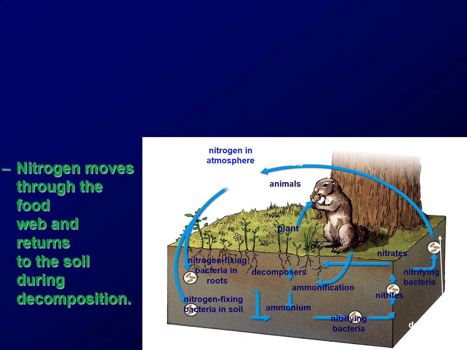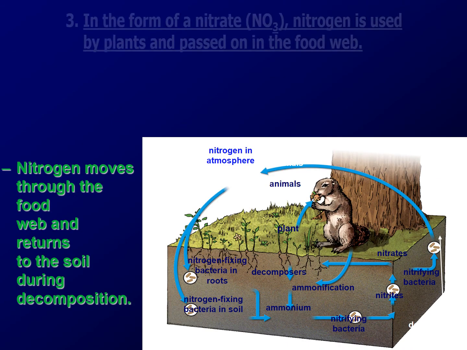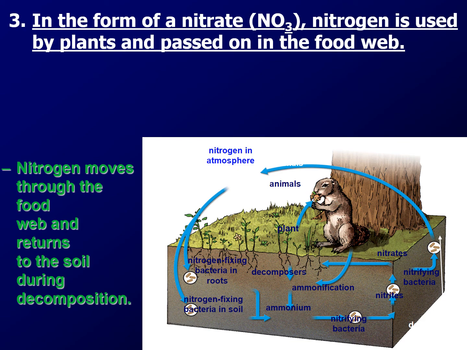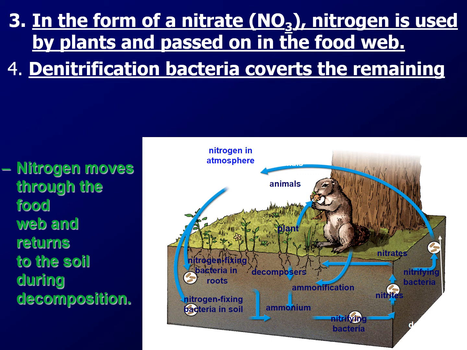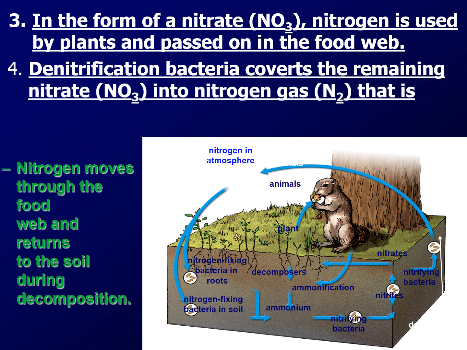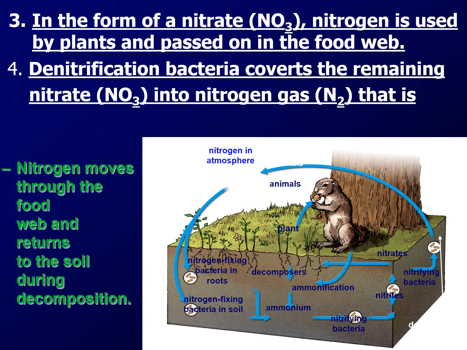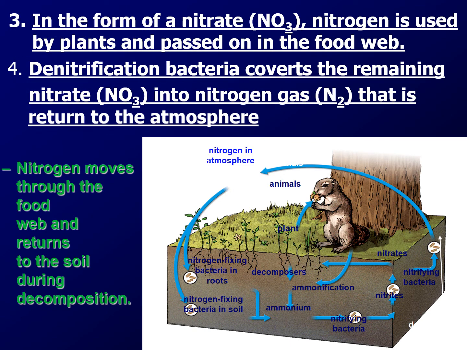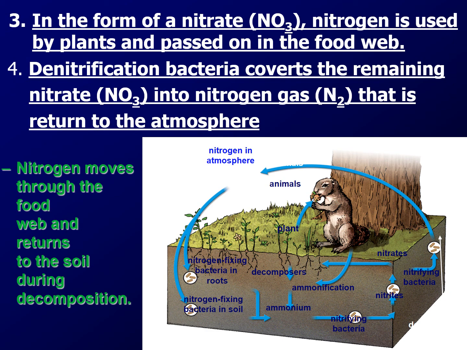Once in the form of a nitrate, nitrogen is used by plants and passed on in the food web. Denitrifying bacteria converts the remaining nitrate into nitrogen gas that is returned to the atmosphere.